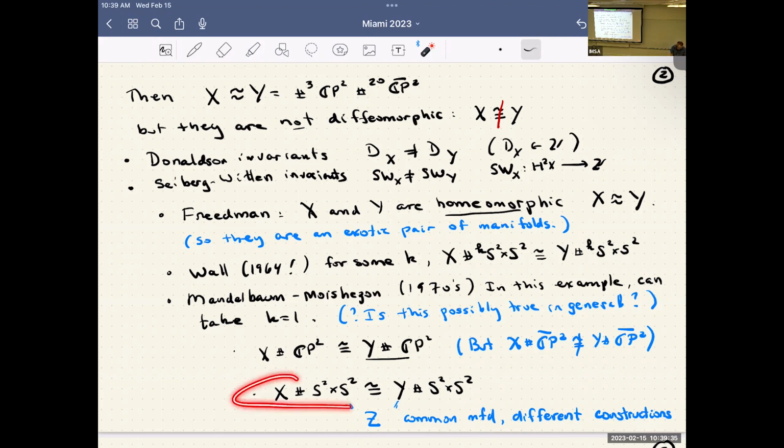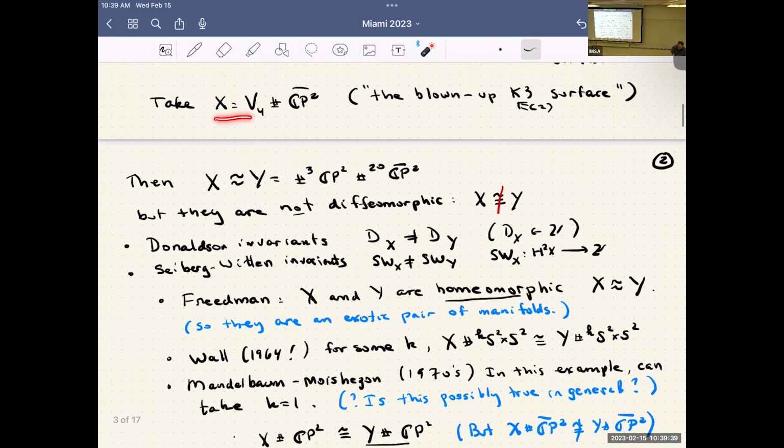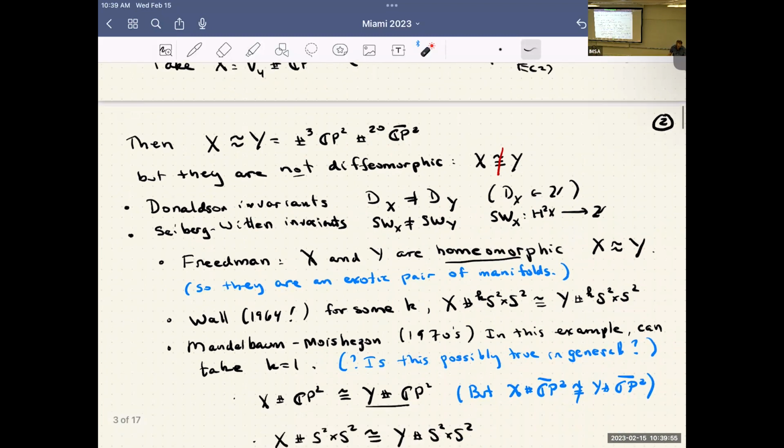So I want to concentrate on, let me call, just for the notation, X a complex surface, the blown up K3 surface or E2, and Y its simpler topological model. So X and Y will be that, or something like that, for the remainder of the talk.